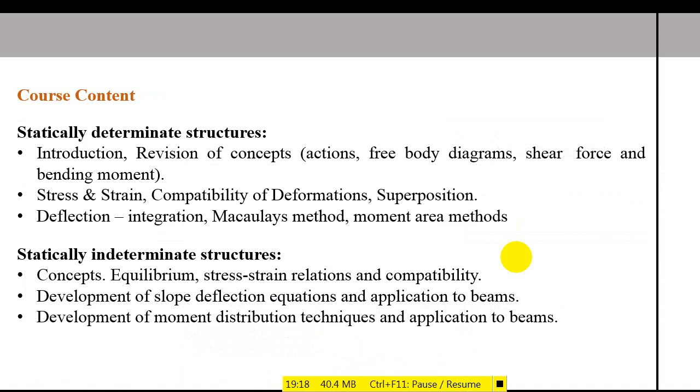So before we move further, today I'm going to give you a little introduction, some background. So we are not going to do any serious calculations or anything today. So before we move further into the module, okay?